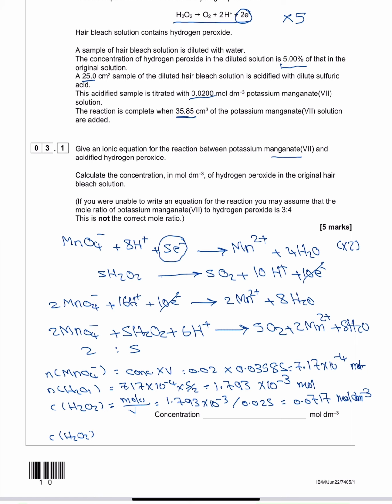If it's 5%, then that means the original concentration will be the concentration of the diluted solution times the dilution factor, which is 20, or 100 over 5, and that will give us 1.43 mole per decimeter cube. So this is the concentration of the hydrogen peroxide in the original solution.